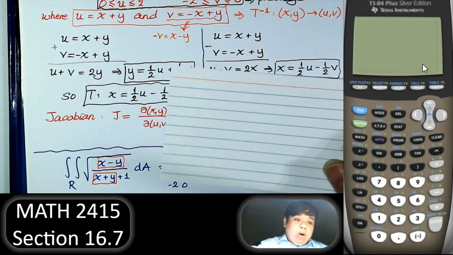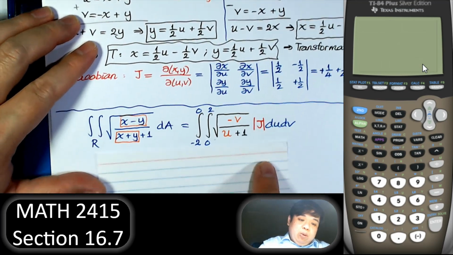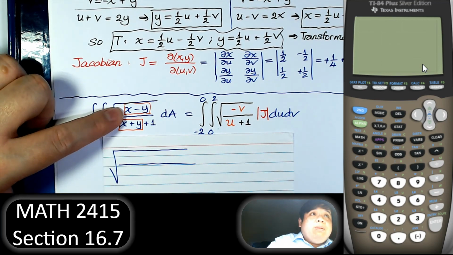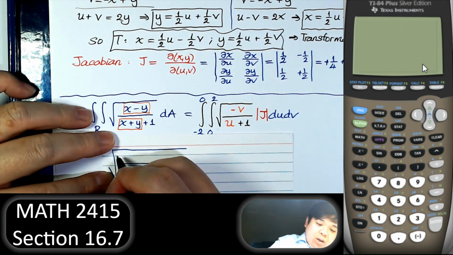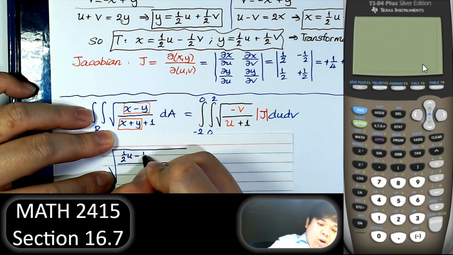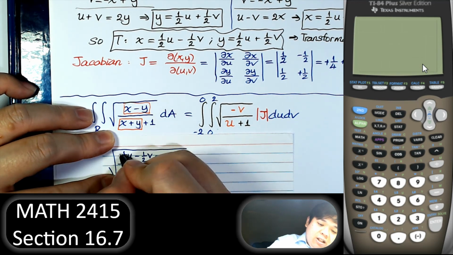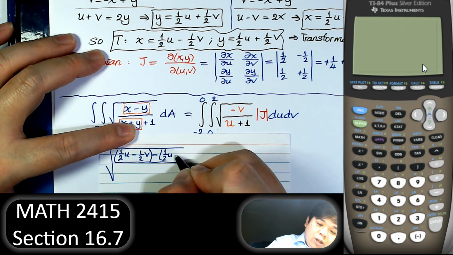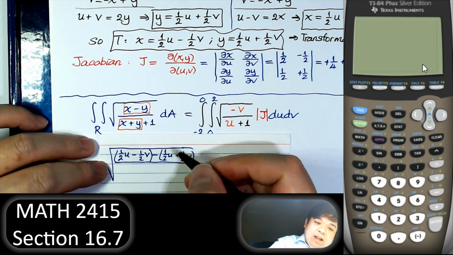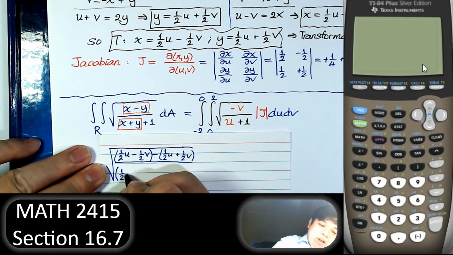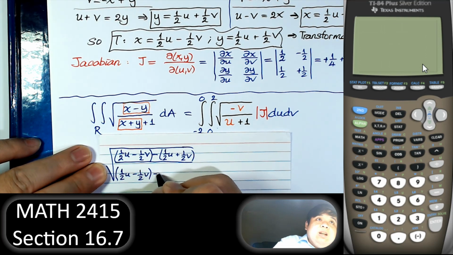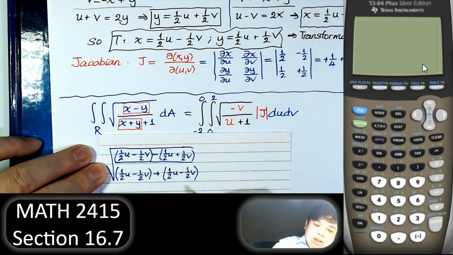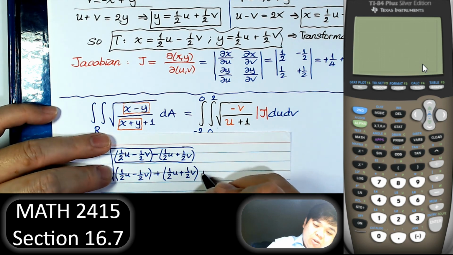However, if we have already found the transformation, then we can just substitute it back in, a little longer, but still we have x, which is 1/2 u minus 1/2 v, subtract y, 1/2 u plus 1/2 v, plus 1.